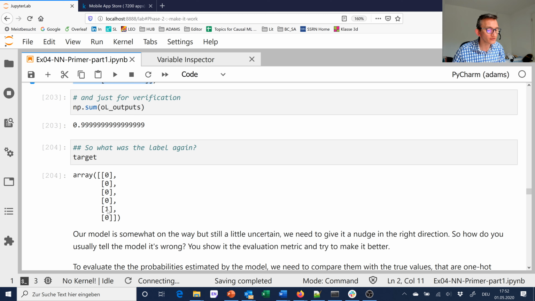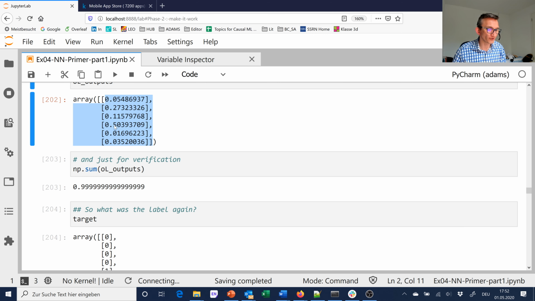So the true class is 4, and therefore we would like our output to be 0, 0, 0, 0, 1, 0. That is the ideal output. And instead, our output is, well, 0.05, 0.27, 0.11, 0.50, 0.01.